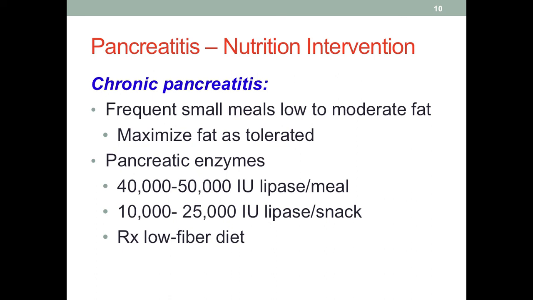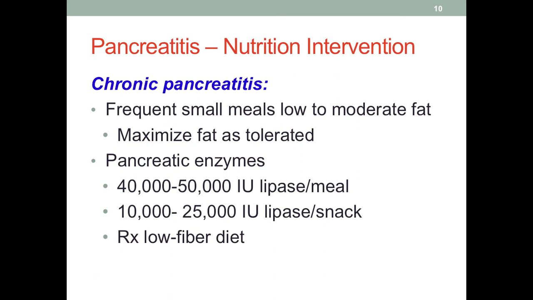In addition to having smaller, more frequent meals, patients are also given supplemental enzymes. For example, 40 to 50,000 IUs of lipase for each meal, and then a little less for snacks. We also want to use a low-fiber diet.